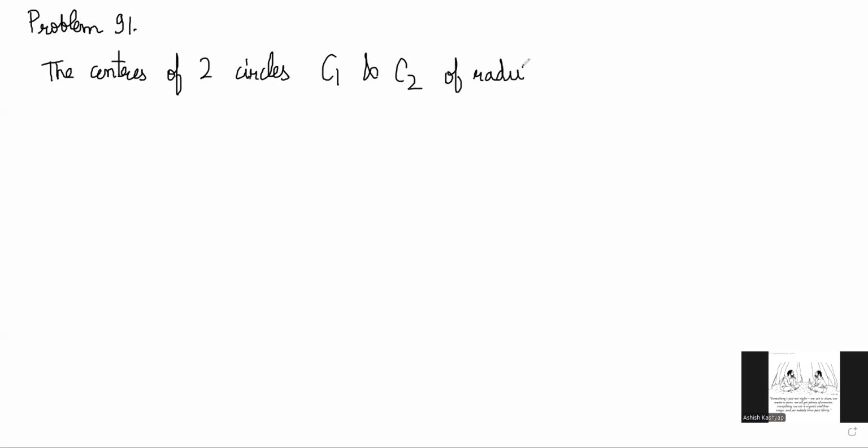The centers of two circles, C1 and C2, of radii 4 and 9, are 15 units apart.